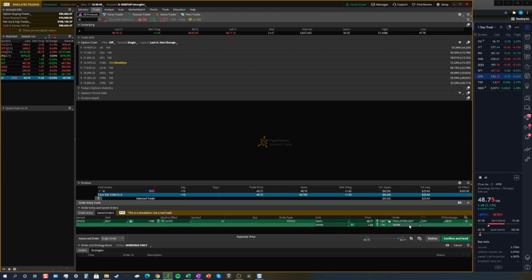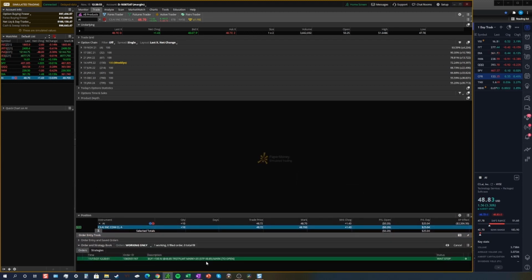Right now we have it set to 3 cents above the current mark, and the mark is probably 48.80. So let's make it 5 cents above the mark, and the price we want to get in at is $48.85. Okay.